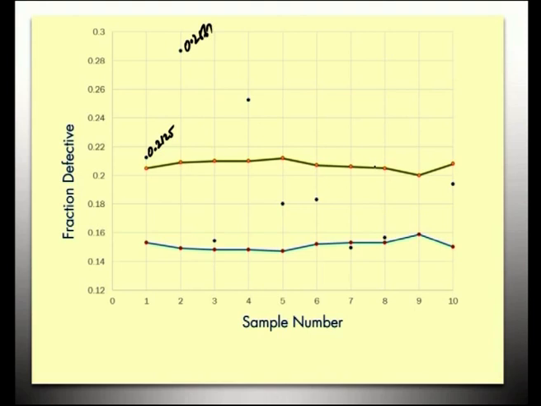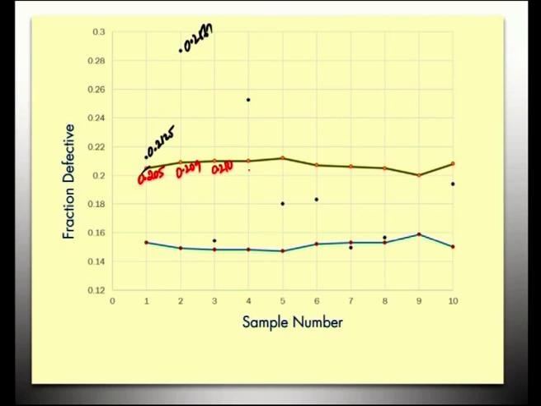Then UCL for sample 1 is 0.205, and similarly the second value is 0.209 corresponding to sample number 2, and this value is 0.210.